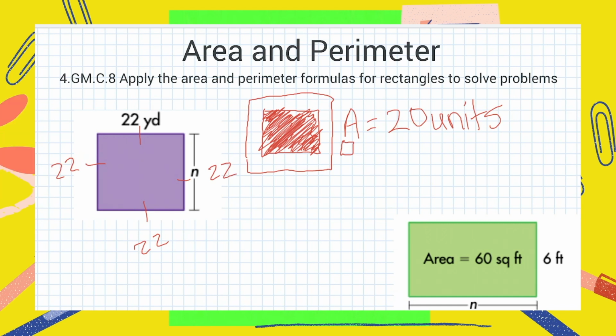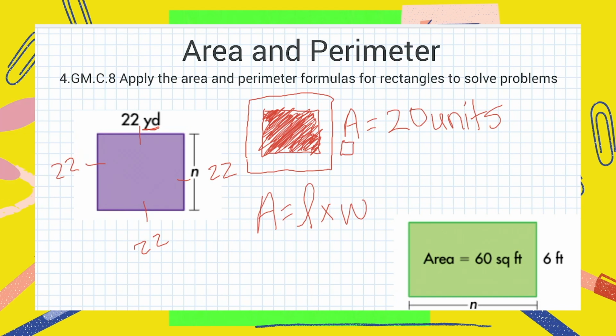If area is the amount of units needed to cover the figure, I'm going to be finding out how many square yards are needed to cover this square. I can do that by multiplying the length times the width.